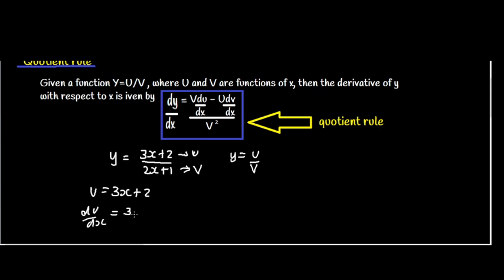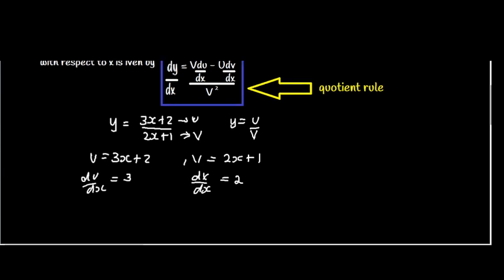So du dx is going to be 3. Then we have v as 2x plus 1, so dv dx is going to be 2, because differentiating 2x gives us 2, and the constant 1 gives us 0. After getting that, we can substitute into our formula.